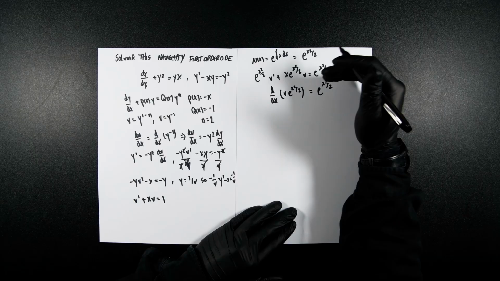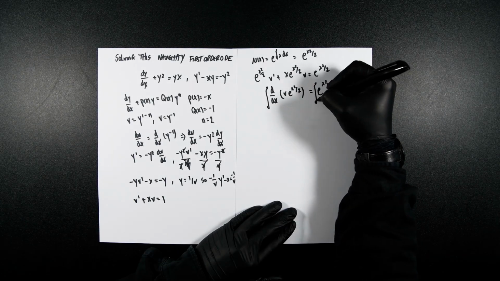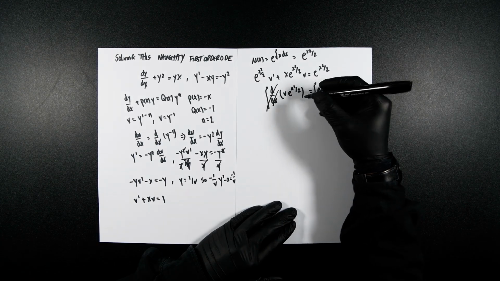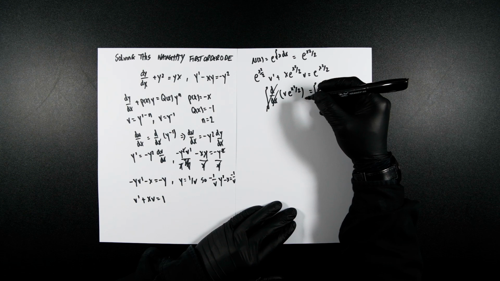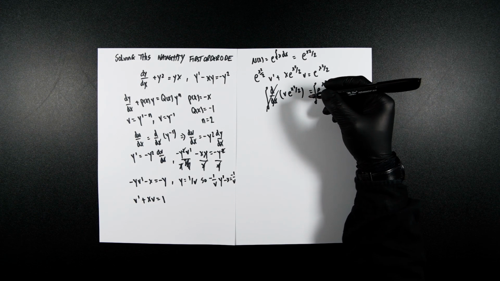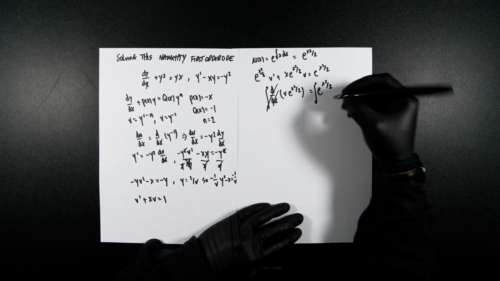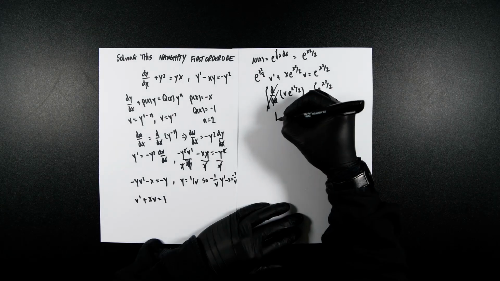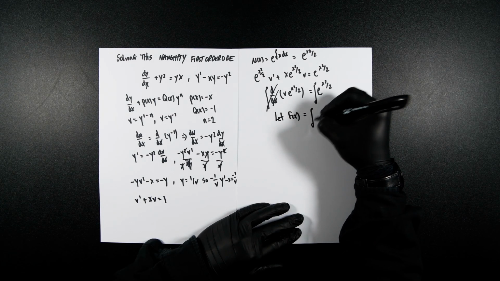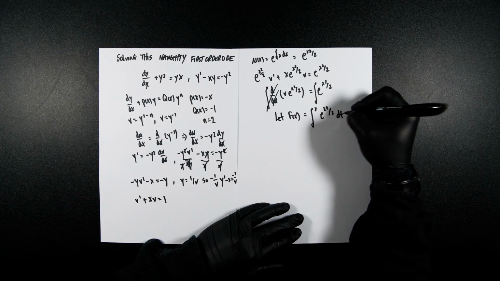We are now finally ready to integrate. Obviously integrating this side and this side. And you integrate this side, this disappears. So the left-hand side is pretty straightforward. And then for the right-hand side, we're going to use what's called an antiderivative. So let's let f(x) equal the integral of e to the t squared over 2 dt.